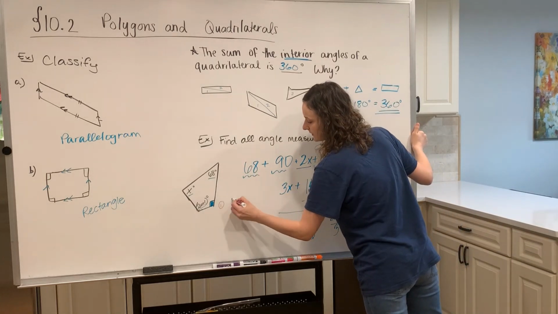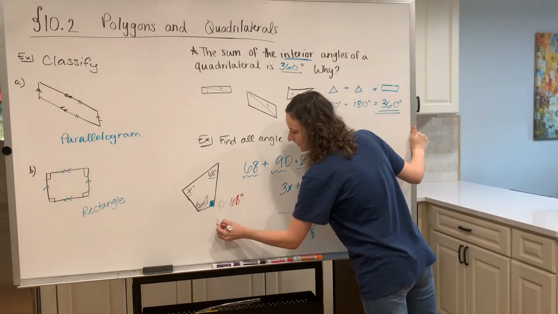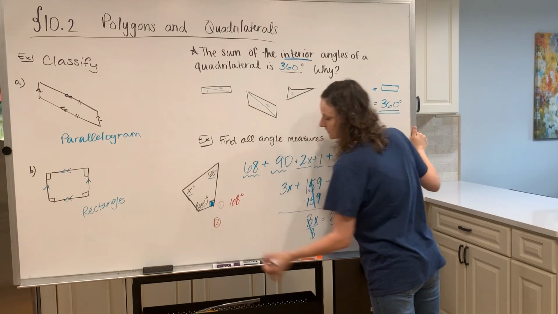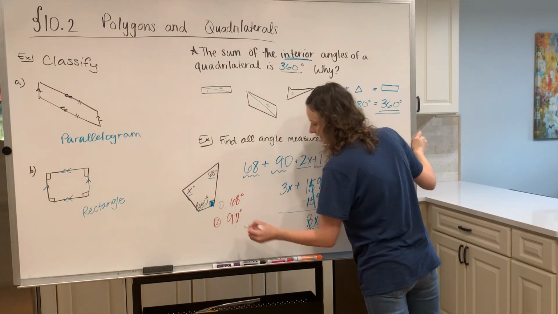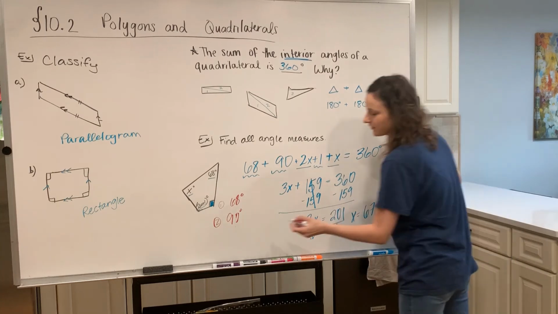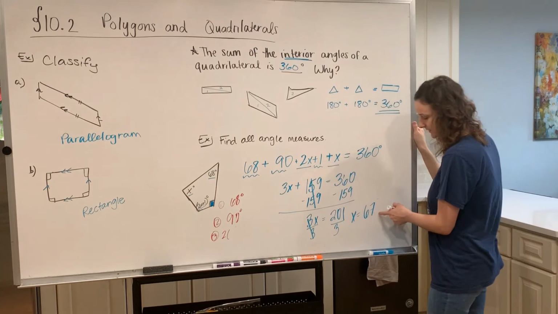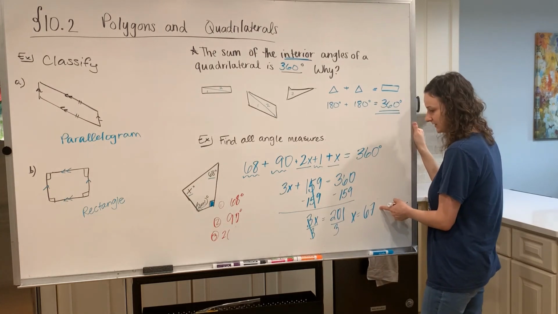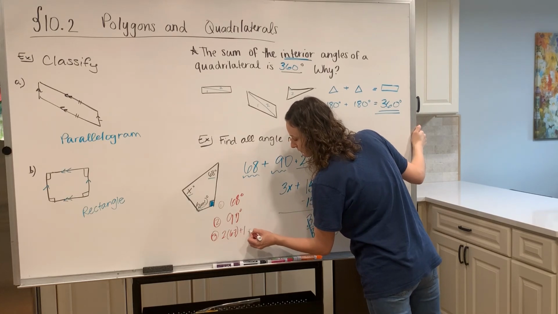So angle number 1 we said is 68 degrees. Boom, done. Angle 2 we said was represented with this square, and the square represents that it is a right angle, which is 90 degrees. Awesome, halfway there. The third angle we said is going to be 2x plus 1, but what did we just say x was? X is equal to 67. So plug in 67, 2 times 67 plus 1.